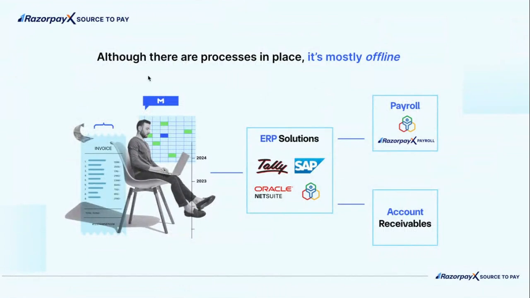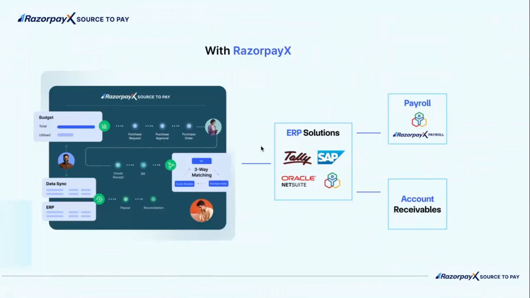So if you see how it is typically done, it's mostly offline, right? Like you have an ERP solution, but you have invoices which are paper receipts, you have Excel sheets, you have emails, you have cash transactions. With RazorpayX, this becomes a streamlined flow. It basically means we take care of your accounts payable process.